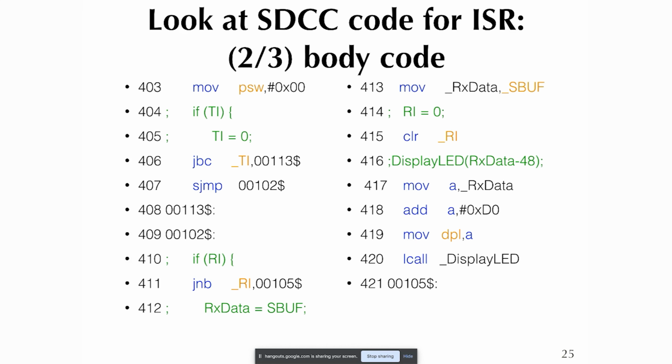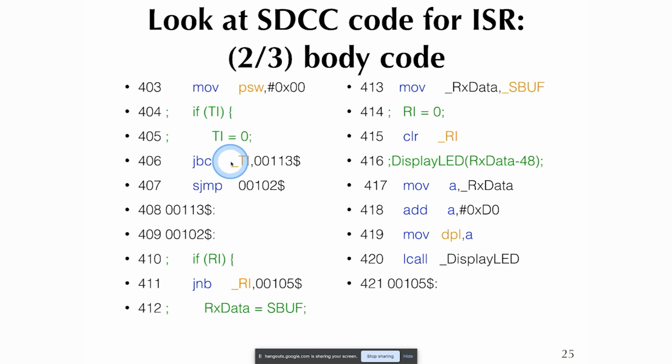So, and then you keep going. Now we're getting into the body of the code, because your listing will also show what your C code looks like. So it does the move of constant, or immediate, 0 into PSW. If TI is true, that means the bit is set, then do this.